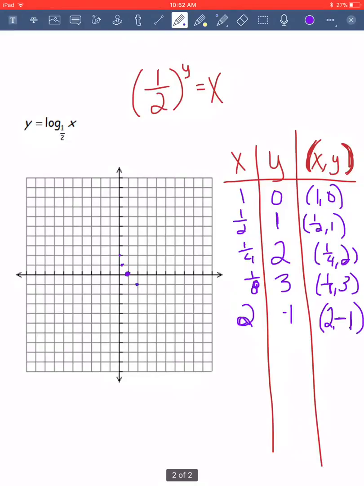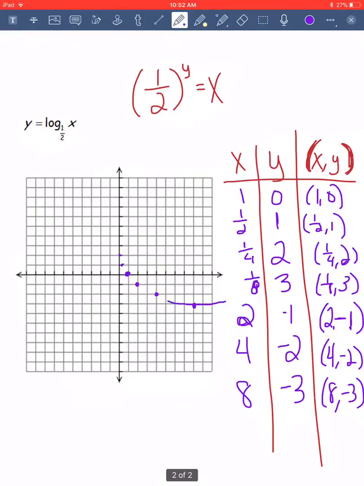So 2, -1 here. Let's plug in -2. So 1/2 to the negative second power is 4. So 4, -2. 1, 2, 3, 4. Plug in -3. So 1/2 to the negative third power is 8. So I've got 8, -3.